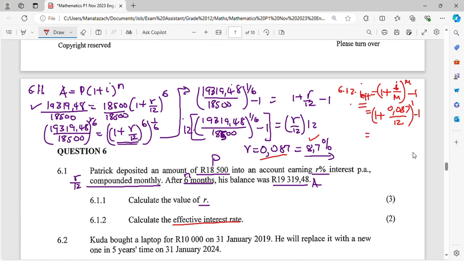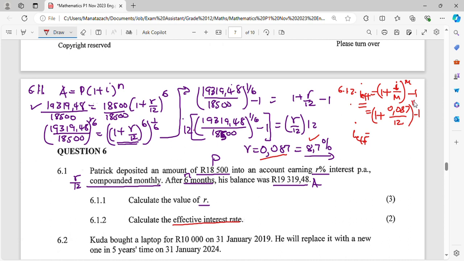That's equal to, so now let's just put all of that in the calculator. That's 1 plus 0.87 divided by 12 to the exponent 1 minus 1. In fact, wait a minute.